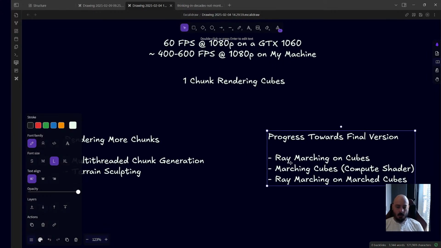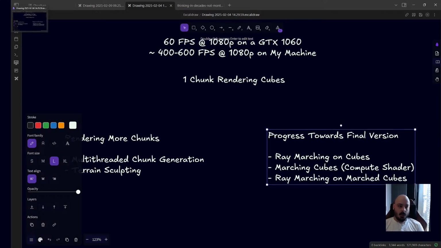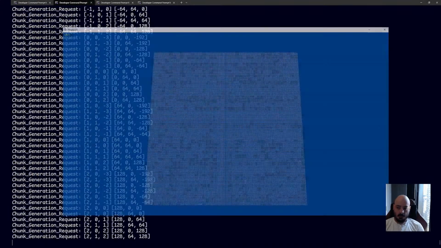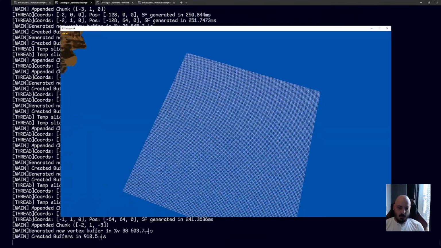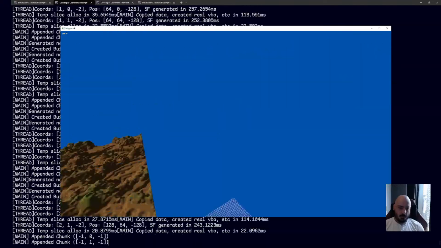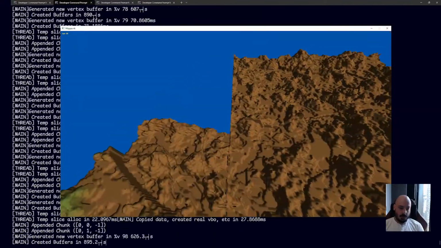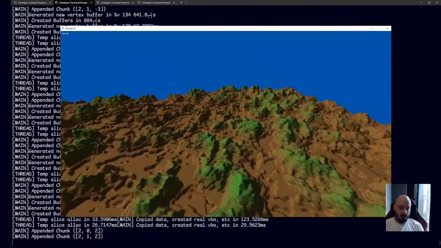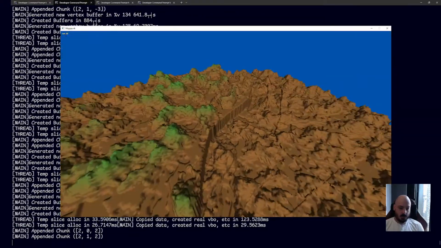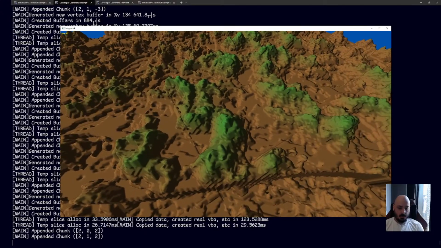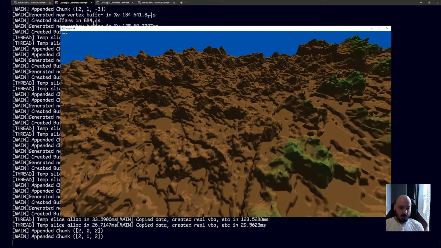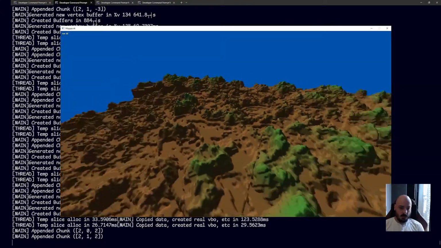If we can't get full ray march scenes, then I have a backup plan, which is we use the rasterized marching cubes, which is this algorithm here, which is a little bit laggy right now generating these chunks, as you can see, because I have to generate the buffers on the main thread, and I didn't find a way to speed that up yet. This is all rendering triangles.